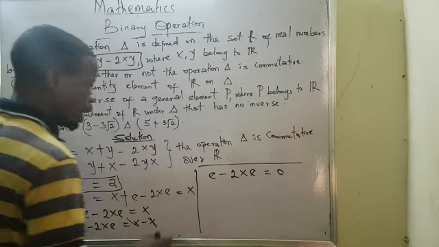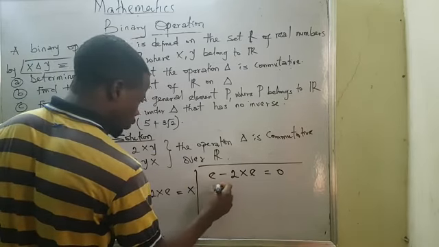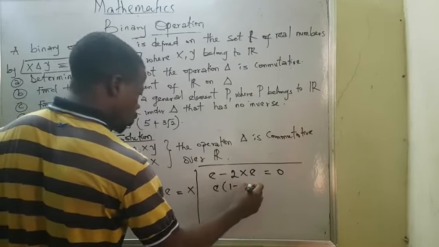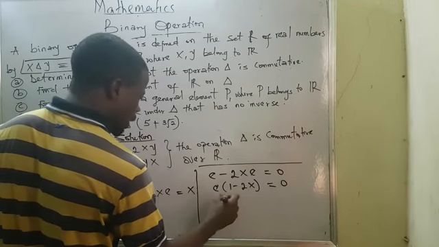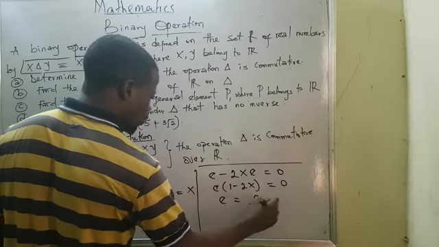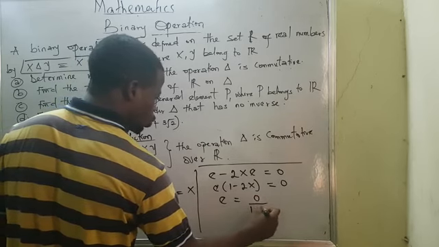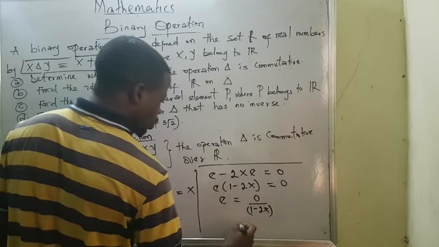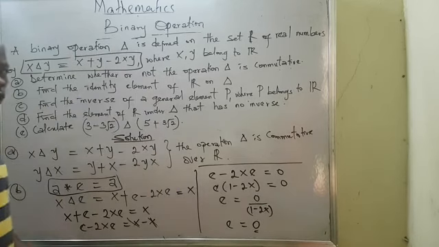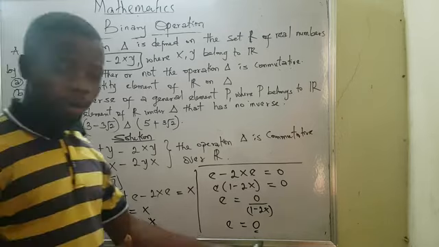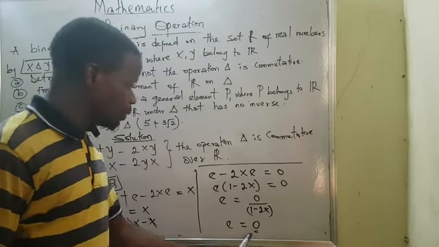Here you can factor out E: E times 1 minus 2x will be equal to 0. So our identity element will be equal to 0 divided by 1 minus 2x. That means our identity element is equal to 0. This shows we are correct.